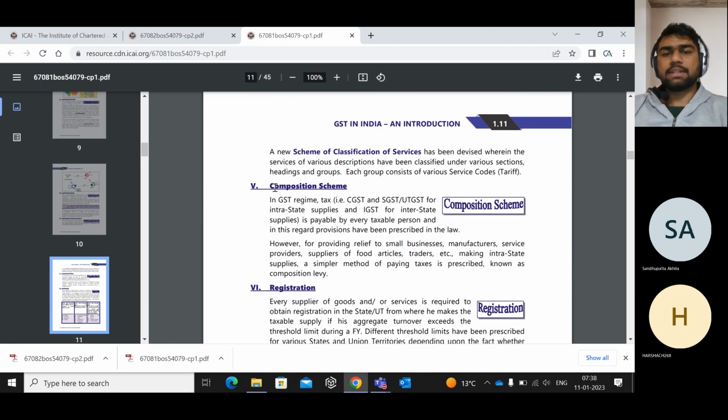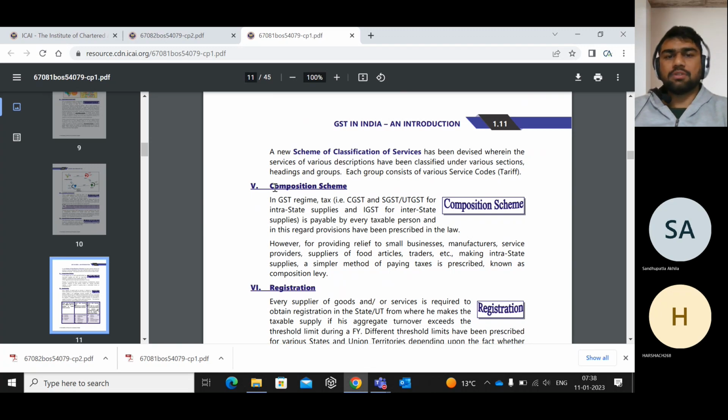Now comes the composition scheme. The composition scheme is one type of benefit provided for small taxpayers. Small taxpayers in the sense of turnover: in terms of turnover, they are classified as small scale service or small scale business providers. Initially, this composition scheme was applicable only for goods, and after the introduction of GST, some service providers also sought these benefits.